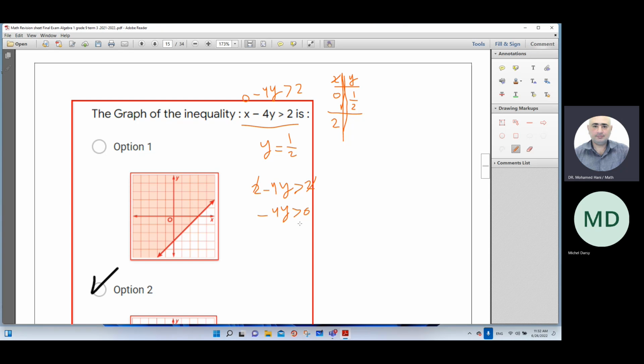Then divide both sides by negative 4, so y equals 0. So we have 2 points here: 0, half, and 2, 0.